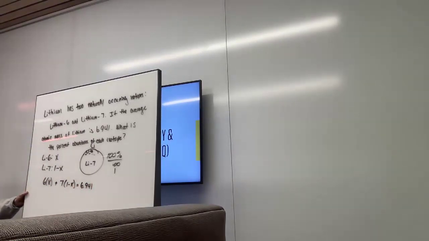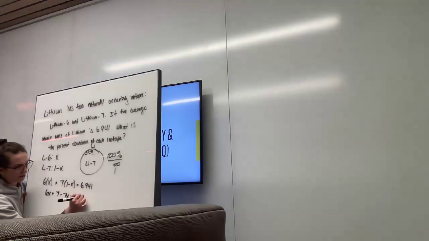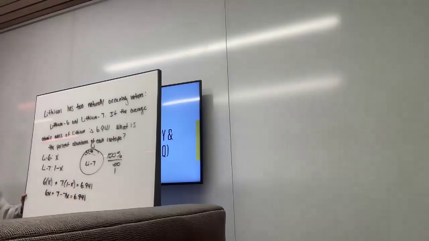And now this just becomes an algebra problem, where you have 6x plus 7 minus 7x is equal to 6.941. Combine like terms, so you get minus x plus 7 is equal to 6.941.